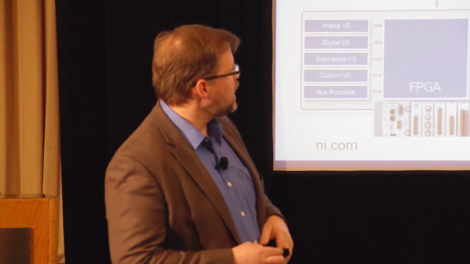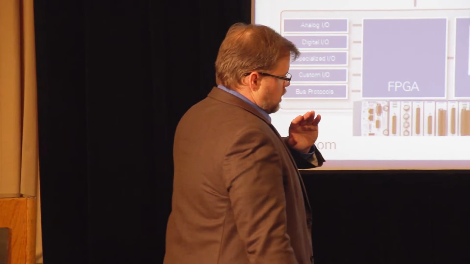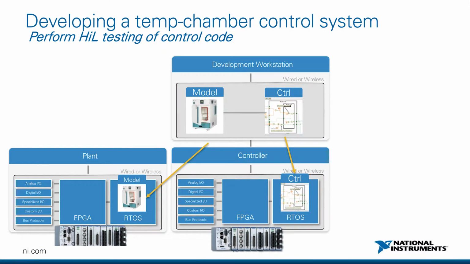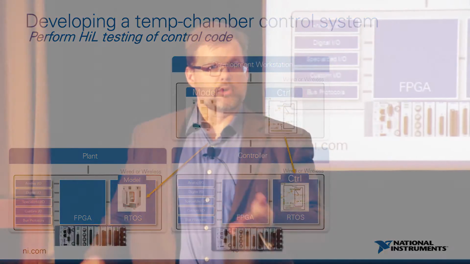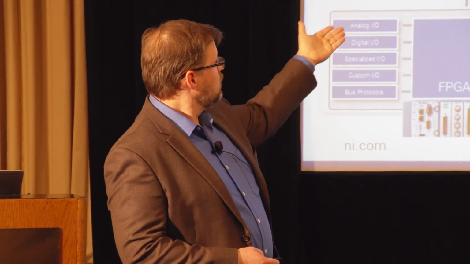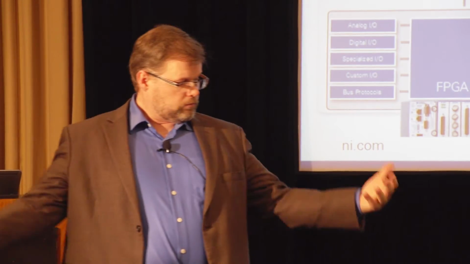And then a common step that's done very comprehensively in transportation, whether it's automotive, rail, or air, is a step where the model is put on a controller and makes the plant, and the control software is also put on the final controller, and those things are connected together to test the controller and the control code against a plant that's running a software model where faults can be put into the system.